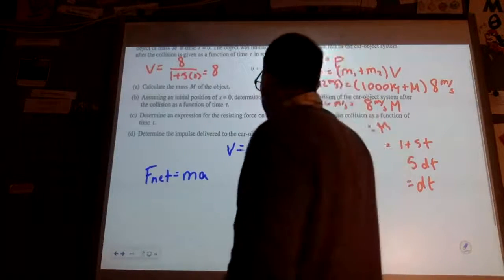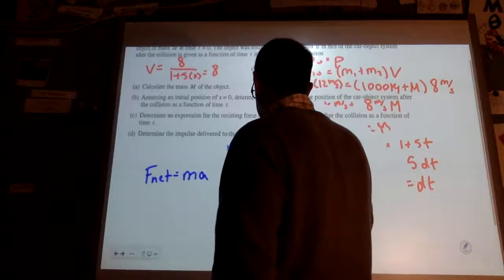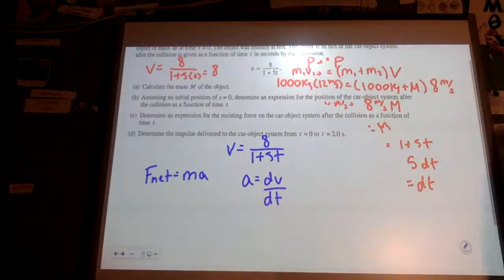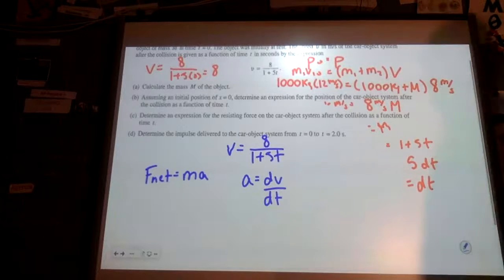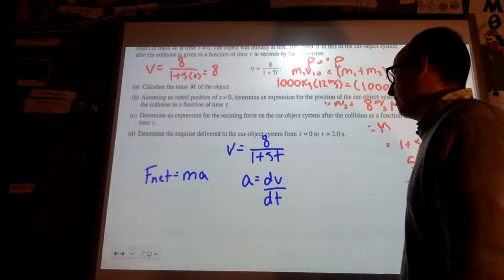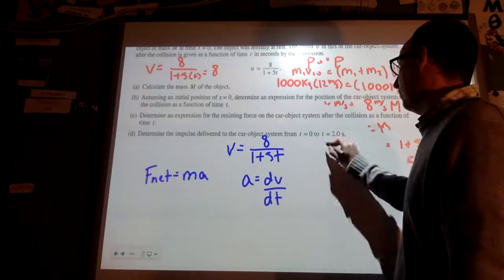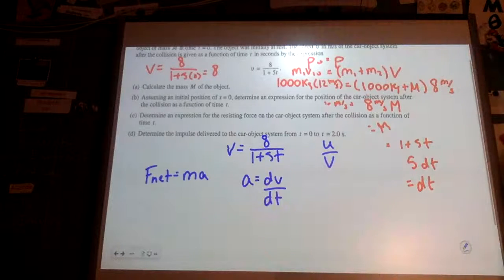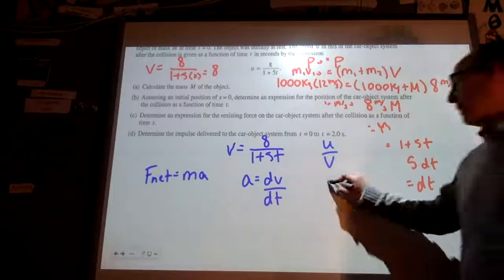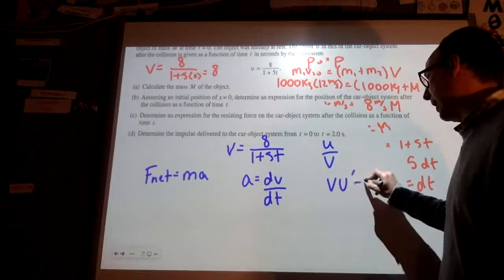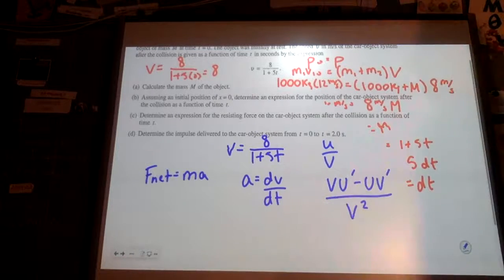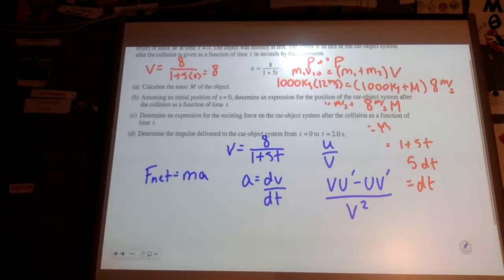So to get the acceleration, I'm going to take the derivative of this with respect to time. And I'm going to use the quotient rule for this. The way that it was taught to me is that if you have u over v, it's going to be v u prime minus u v prime, over v squared.